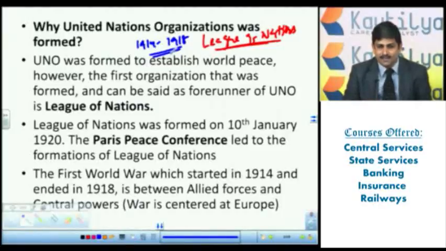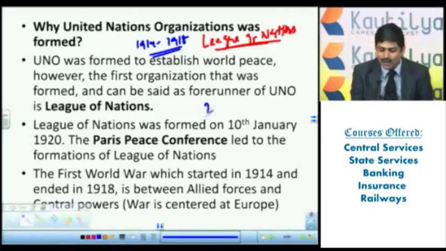However, the League of Nations was a failed experiment. It could not do what it was established for. It did not fulfill the main aim of its establishment. Hence, the failure of the League of Nations led to the Second World War.